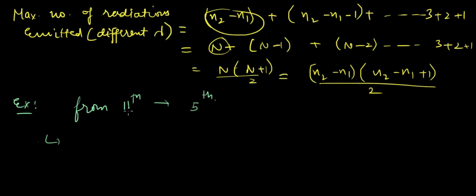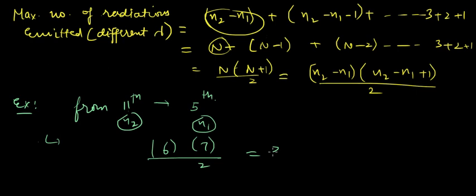Using the above formula, this is n2 and this is n1. n2 minus n1 is clearly 6, and n2 minus n1 plus 1 would be 7, so 6 times 7 upon 2, which is 21 different radiations emitted by the transition of electrons.